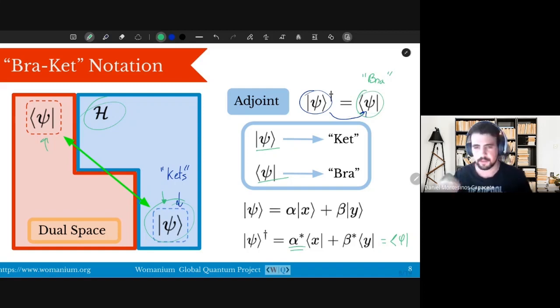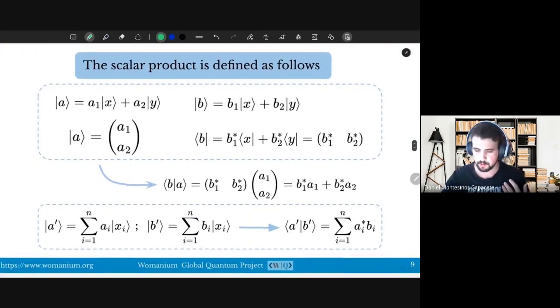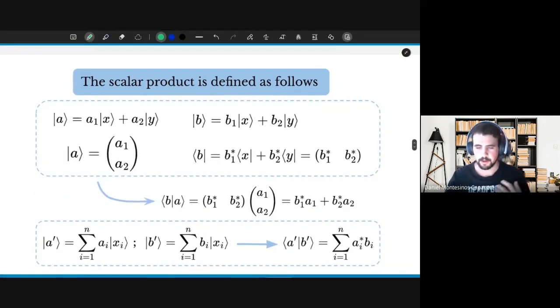Writing this in this form is quite useful because now we are going to define the scalar product that we are going to be using in the following lectures in quantum computing also.